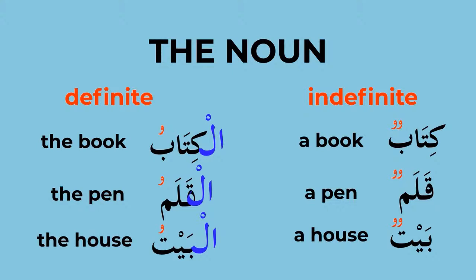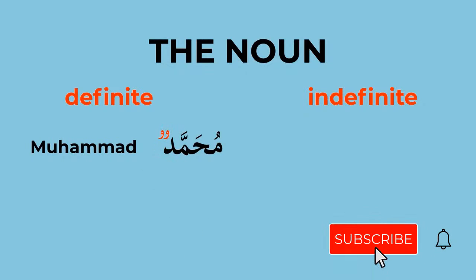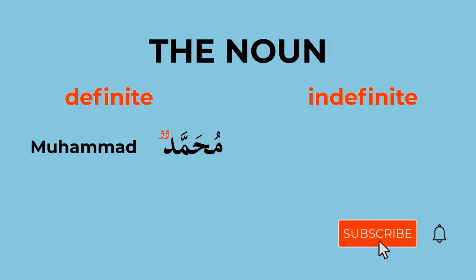Brother, I said baitun, it is indefinite. How about if I write Muhammadun? There is a Tanween there which always tells me that the noun is indefinite. But what about Muhammadun? Is it definite or indefinite? It is definite.